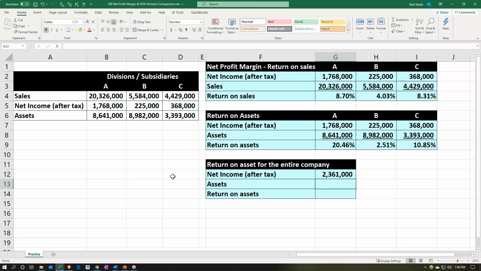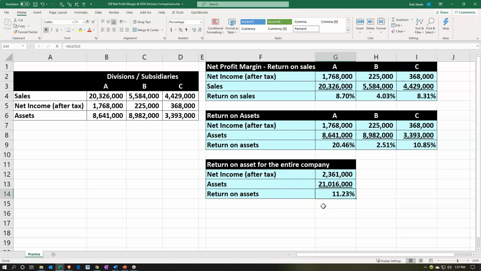And then I'm going to compare the assets, equals the sum of the assets. And then say this is equal to this divided by this, the return on assets for the company. Going to go to the Home tab, numbers, make that a percent, add some decimals. Let's put an underline here, Home tab, font group, underline.